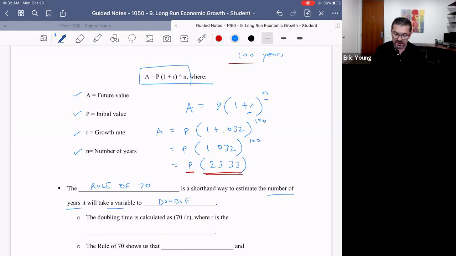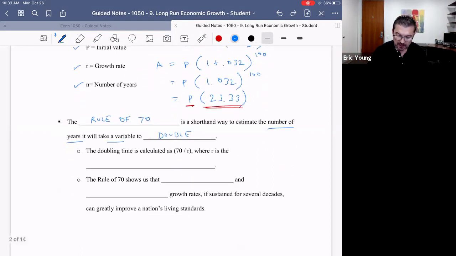You can use the compounding formula if you know your growth rate and where you're starting, such as your current real GDP per capita, to predict what it will be at some time in the future. With the rule of 70, you get a sense of how many years it will take to double.